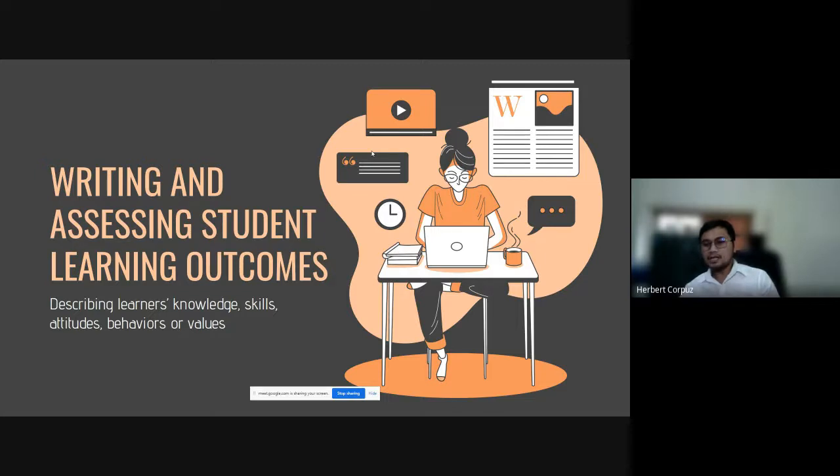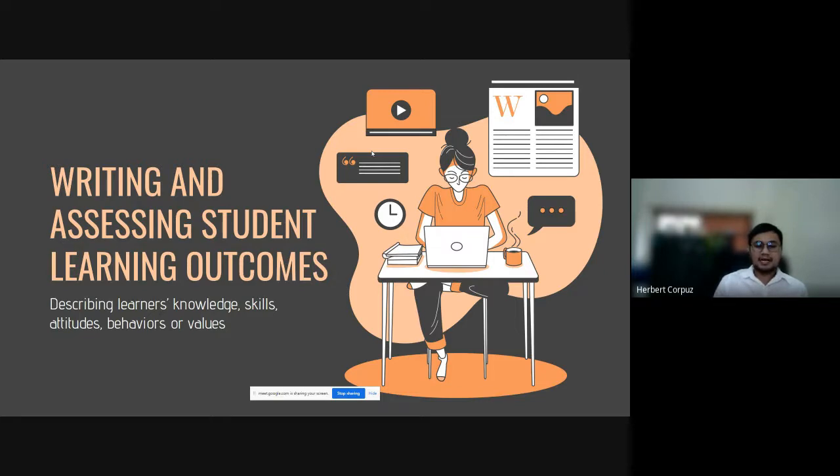Okay? Remember that we said in outcomes-based education, we said that we have to start with the end in mind. And the end in mind that we are referring to here are things that we would like our students to do or to achieve, okay, through our discussions or through our teaching and learning activities.